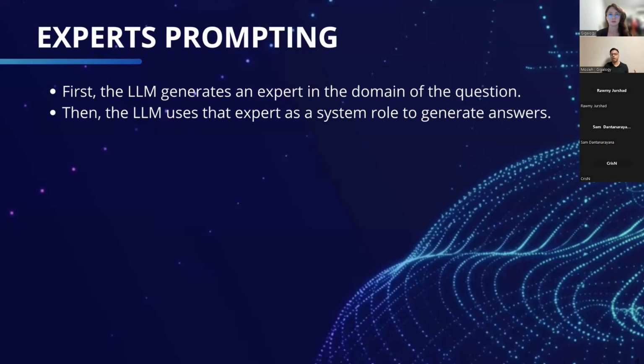It knows what should be the good qualities of a math professor. It knows basically all the equations of physics or modern physics. It knows what the heat equation is. All this information is online and it actually knows about it. So the idea here is to use your large language model to be an expert in the domain of the question, and then use that information as a system role to generate answers.